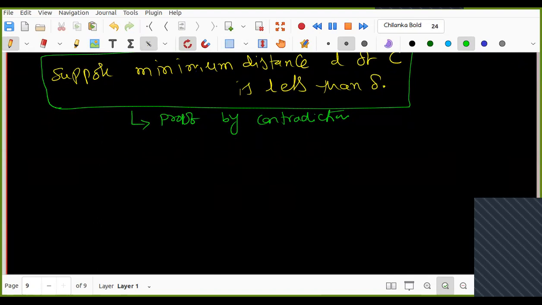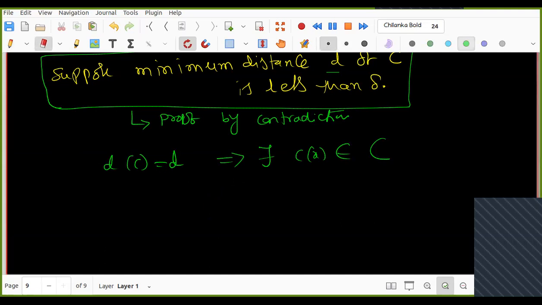So what do you mean by d of C equals d? That implies there exists c(x) belonging to C with weight d.